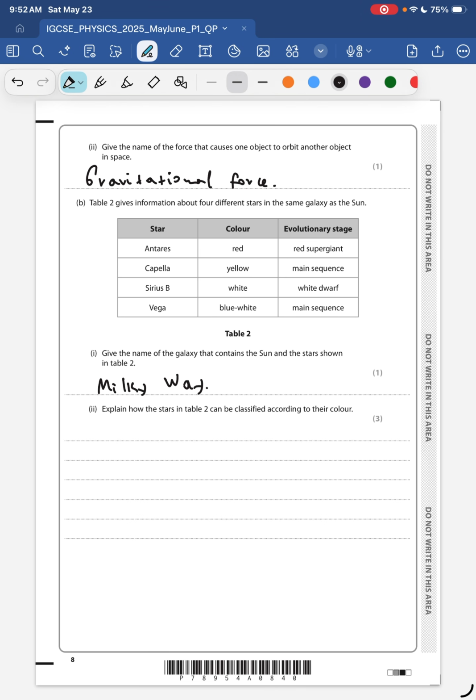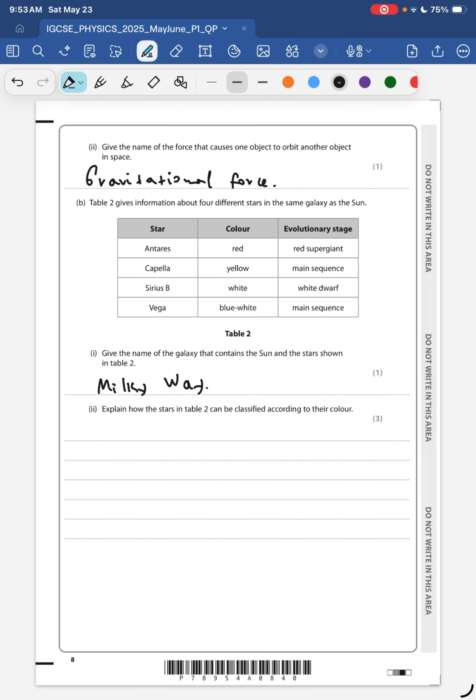Okay, let's move on to part 2. Explain how the stars in table 2 can be classified according to their color. Okay, so classified in terms of temperature is my assumption about what they actually ask here.